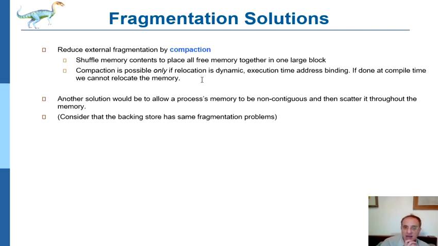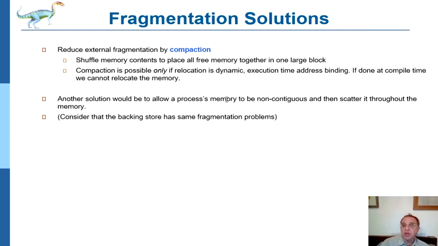It has to be done dynamically. We talked about this in other lectures. The address binding has to be dynamic. Well, that's pretty much the common strategy nowadays, so that's not such a problem. But certainly the time is a problem. Compaction is not a good solution because it takes a lot of CPU work to move memory locations.